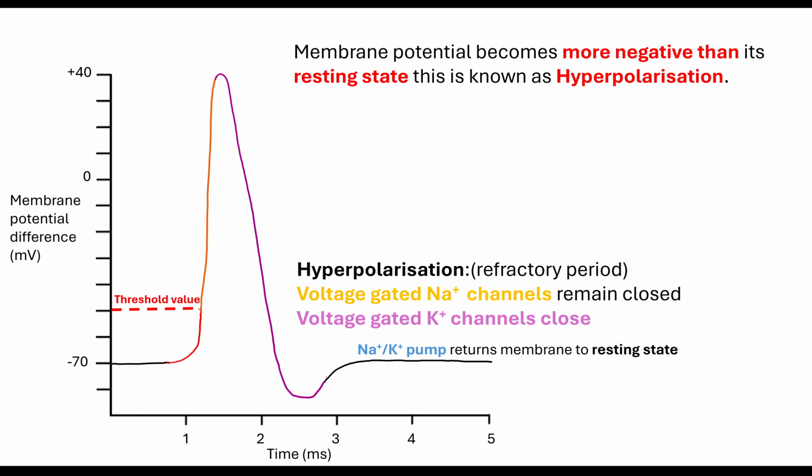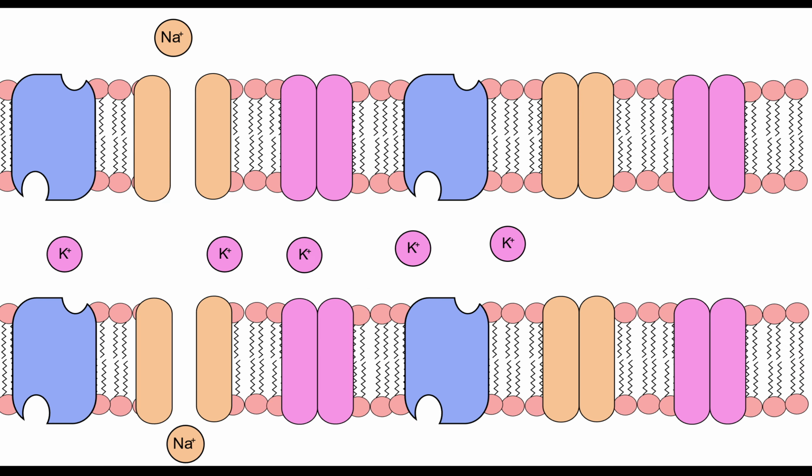This is important to note because if I have depolarization and my voltage gated sodium channels have opened, my sodium is going to move in. It's going to diffuse from an area of high concentration to an area of low concentration.